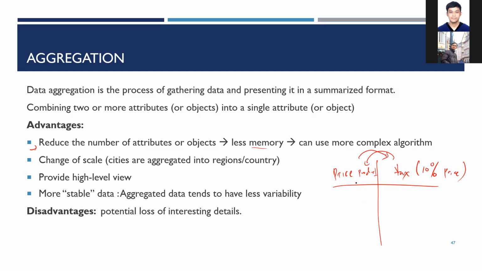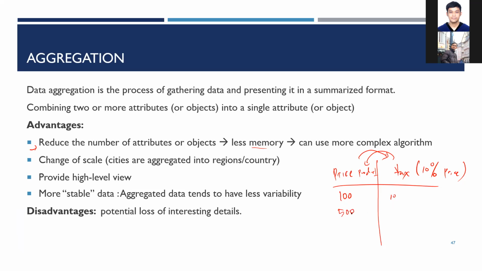For example, if the price of the product is 100, then the tax is 10.